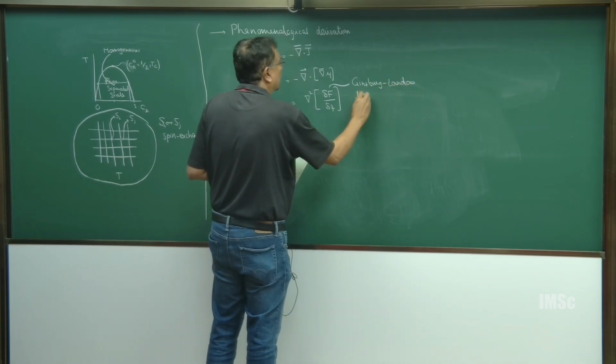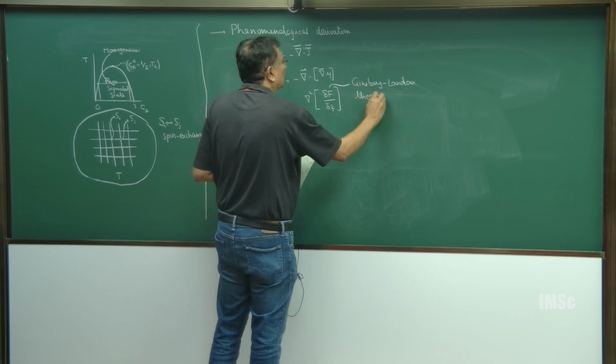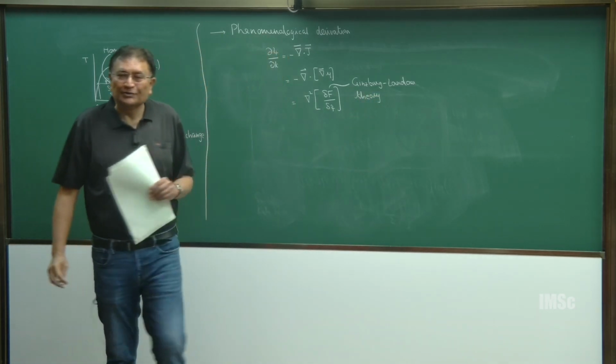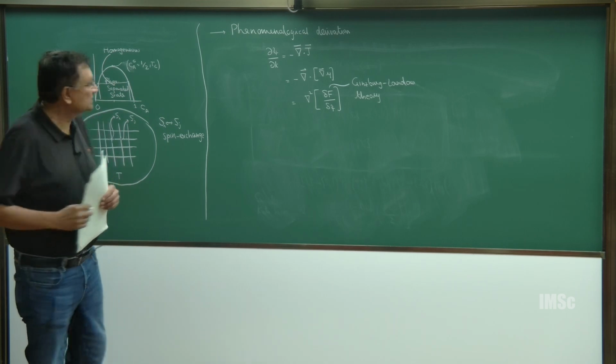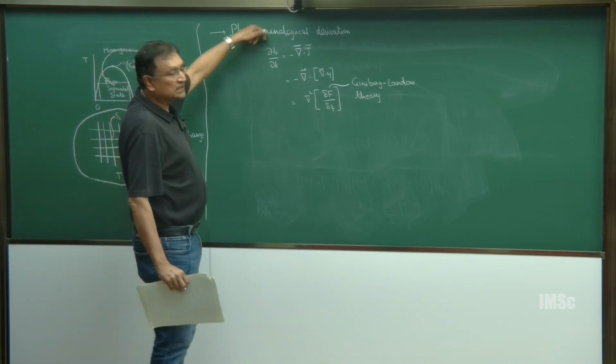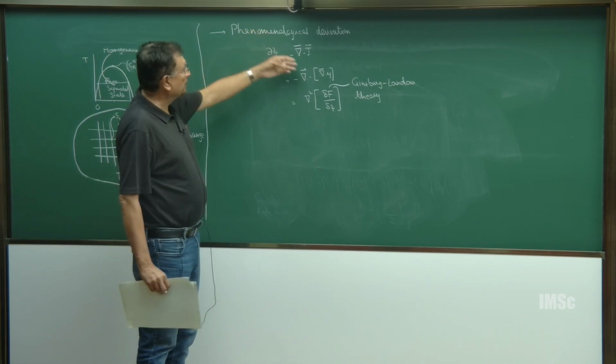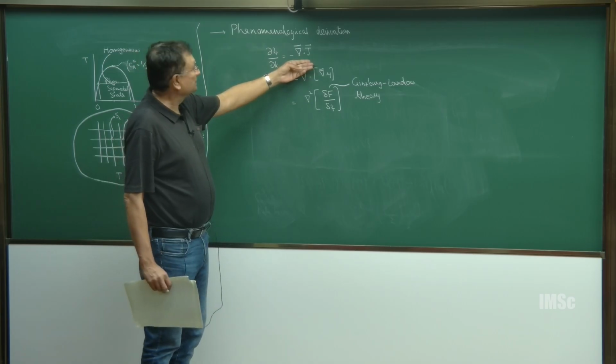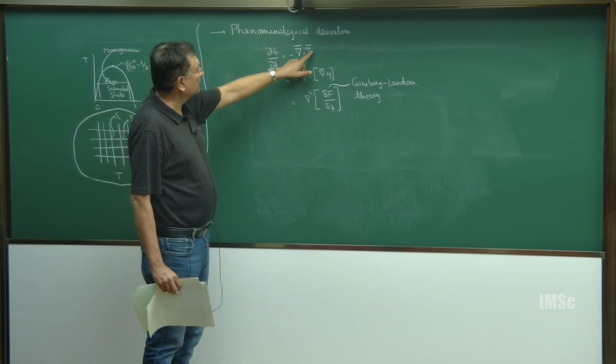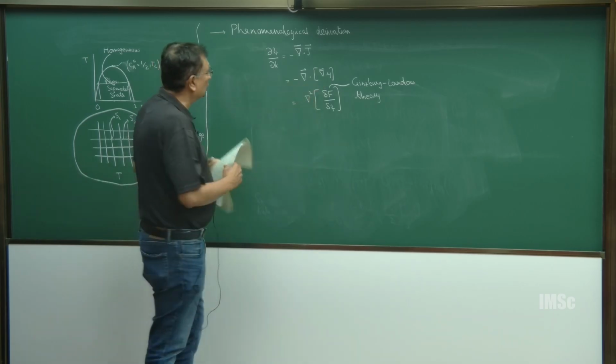So that's the two-line phenomenological argument of how you get the Cahn Hilliard equation. I hope the steps are clear. Psi is a conserved variable, so it has to obey a continuity equation. That's the continuity equation. The current is the gradient of the chemical potential.